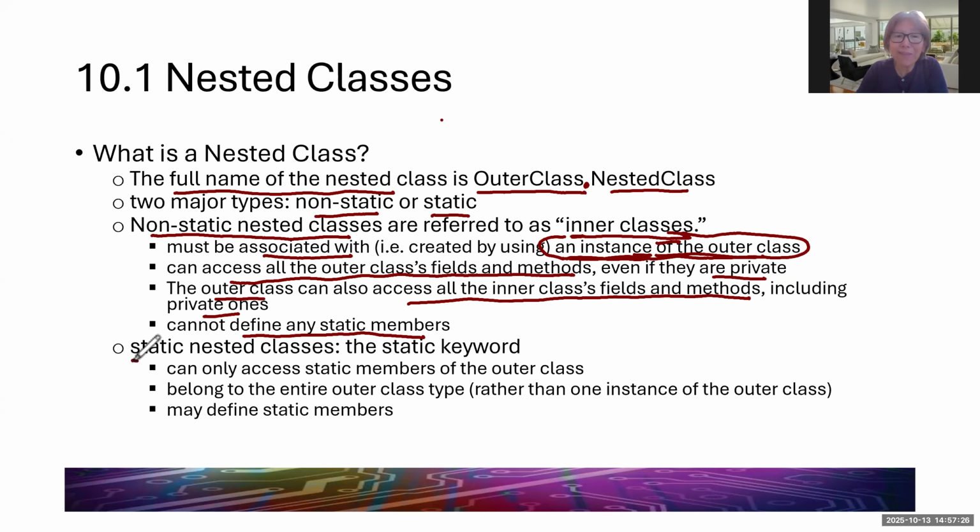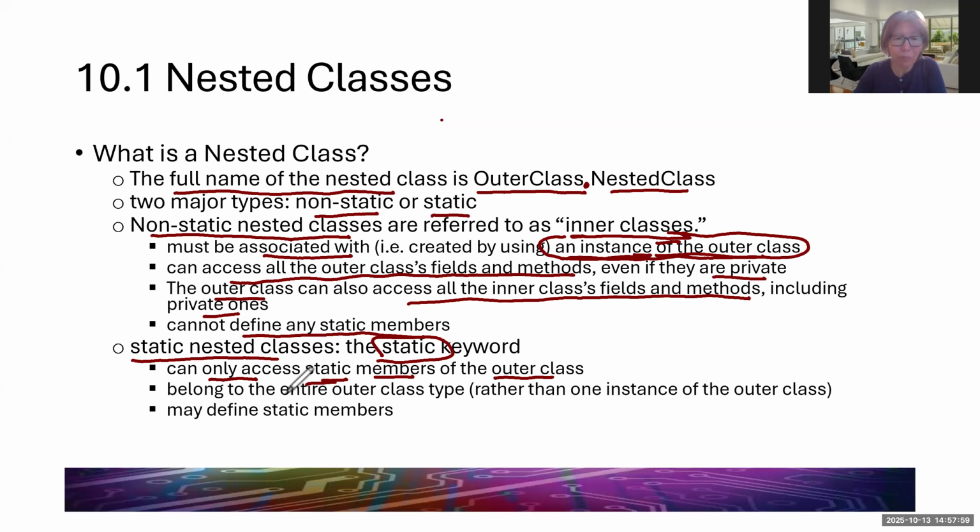The second type is a static nested class, which must have the static keyword. It can only access static members of the outer class, so instance variables cannot be accessed. Based on the name, we can get the idea: an instance variable is associated with an instance of the class.